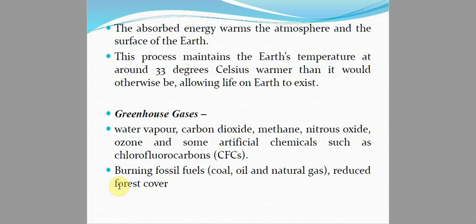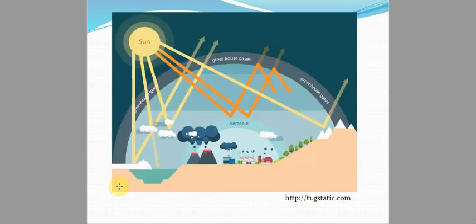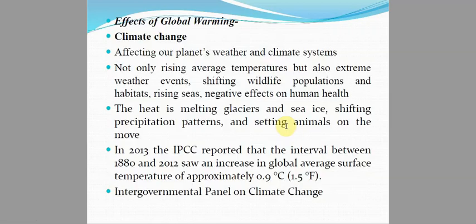So these are the reasons behind the increase in greenhouse gases. So once these greenhouse gases increase, the amount of sun rays reflected will be more, and it causes the global warming effect. Now let's see the effects of global warming.